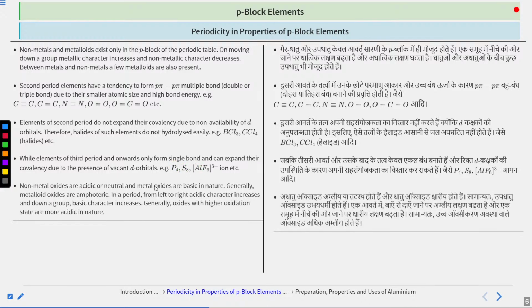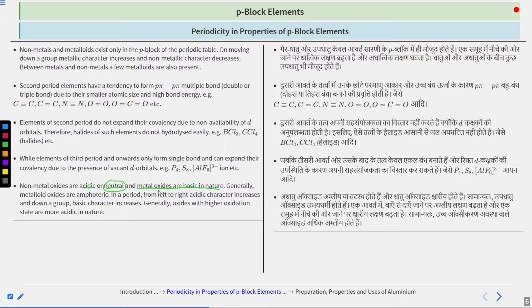Now next, non-metal oxides are acidic or neutral, and metal oxides are basic. You must have studied these things in your previous classes also. This is a very usual concept which says that oxides of non-metals, like carbon dioxide or carbon monoxide, are acidic or neutral in nature.